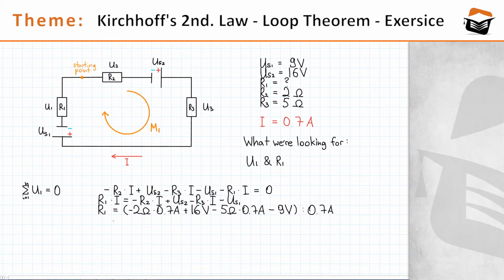Okay. Let me find the products inside this term. So minus 2 times 0.7 is minus 1.4 volts.